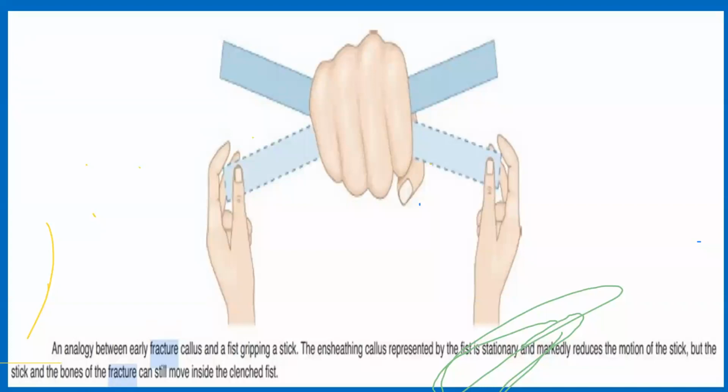Let's show. This is what Charlie said. If you have a fracture and you grip it, your hand is the callus. And if this callus is of sufficient amount, there's no way that the fracture will shorten, but it will bend. It will bend, but not shorten.